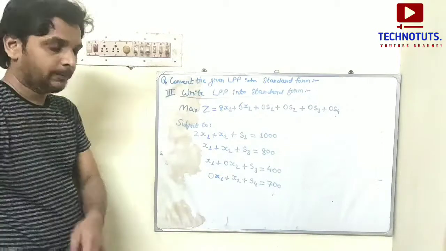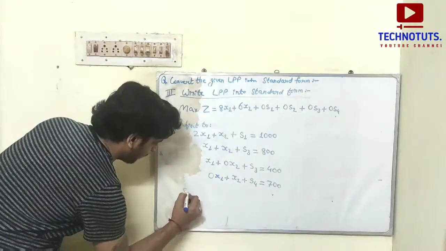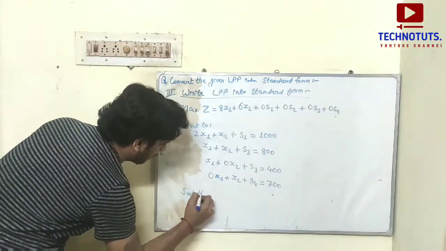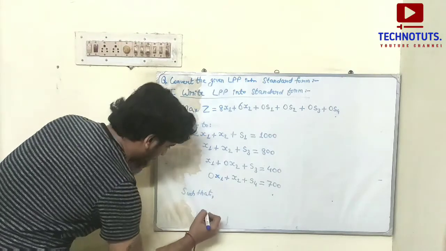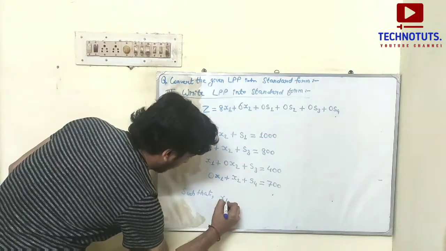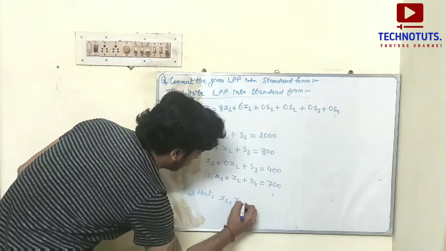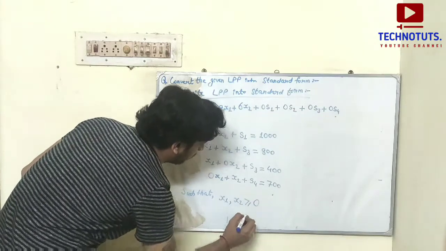Okay, such that we have to write the non-negativity condition also. This is the non-negativity condition, such that x1 and x2 are greater than or equal to 0.